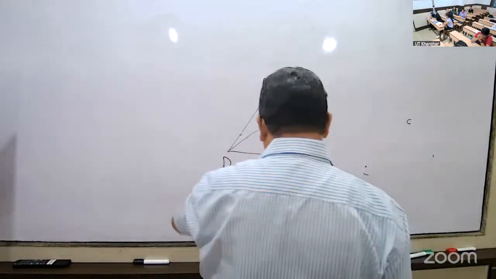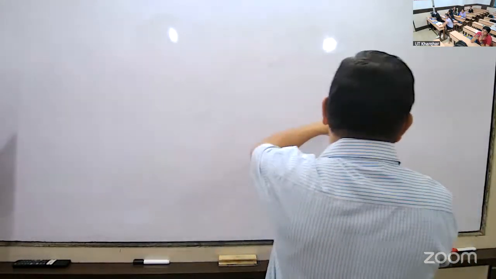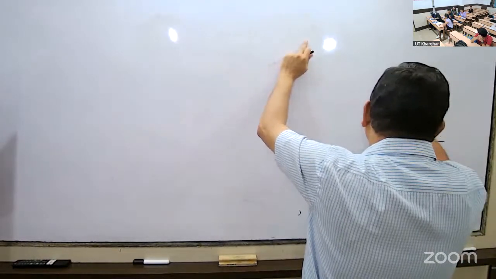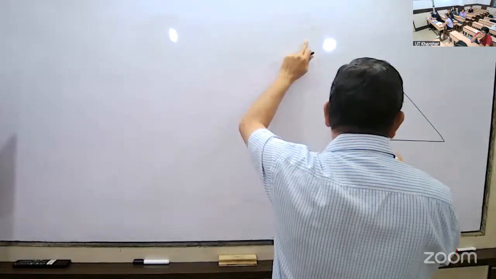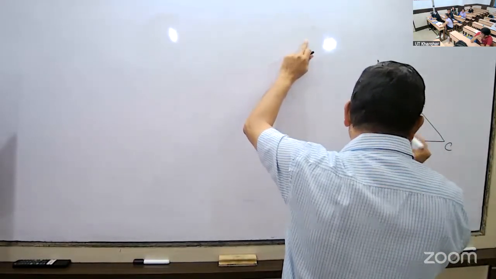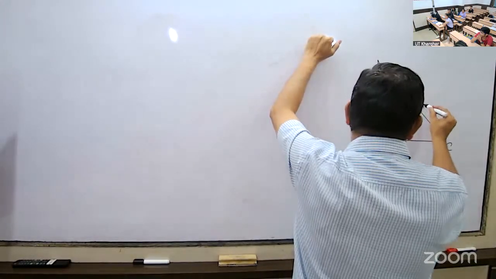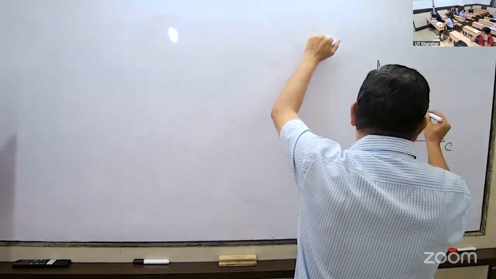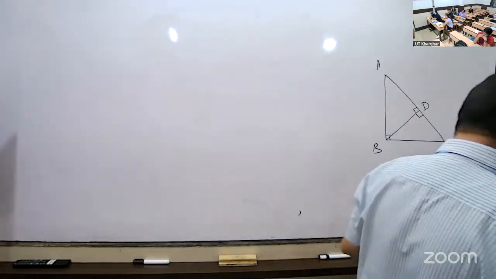Listen. Something is drawn over here. What is drawn? Right angle triangle. By the way, I did not discuss altitude and all.